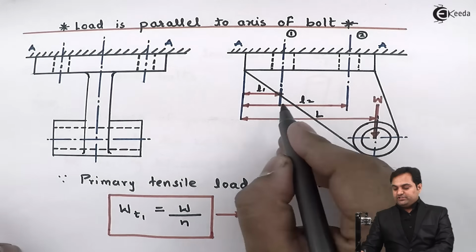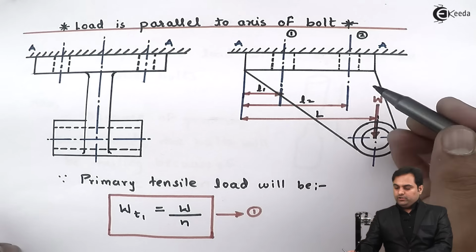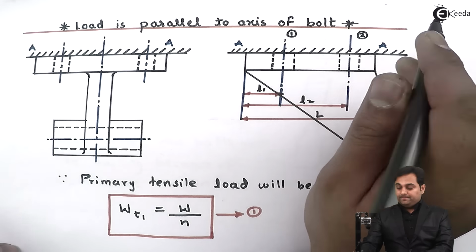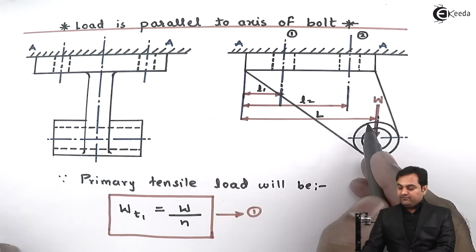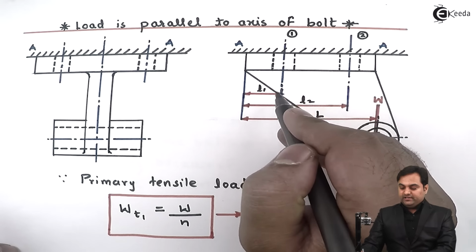So the bolts which are far away from tilting edge and closer to the load, those bolts would be heavily loaded, more load would be acting here, whereas the bolts which are closer to tilting edge and far away from the load, like at center line 1, these bolts would be less loaded.